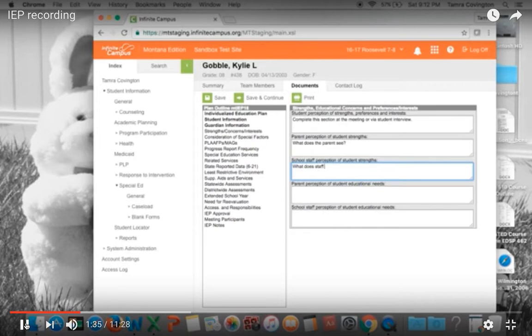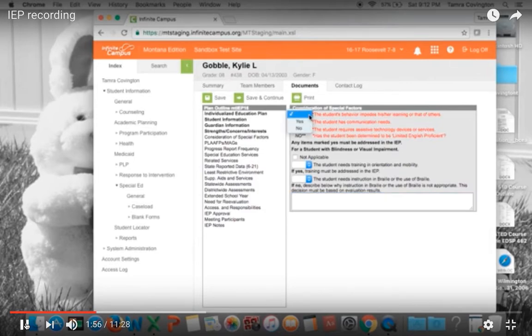You're going to have the staff perceptions completed prior to the meeting or at the meeting by asking the staff. And again, what are the parents' perceptions of the educational needs for the student? And then what are the staff concerns?